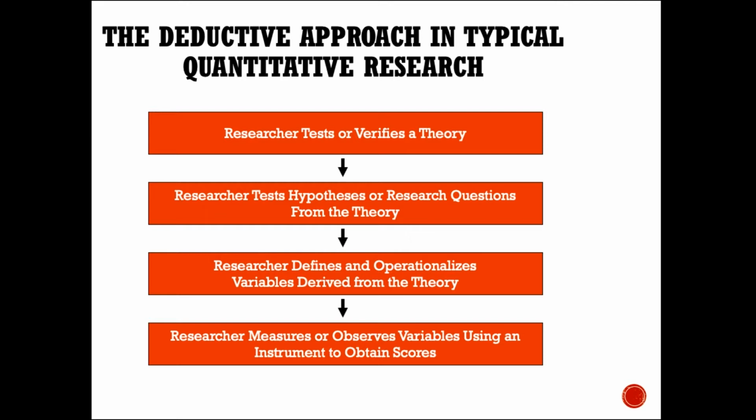A hypothesis explains a relationship, for example, between two variables, but the theory is more complex than that. So after developing the hypothesis from the theory, you define your variables and measure them, so that you can collect the data. And after collecting the data, you analyze it and you come to your conclusion. So this is from top to bottom, or from general to specific.